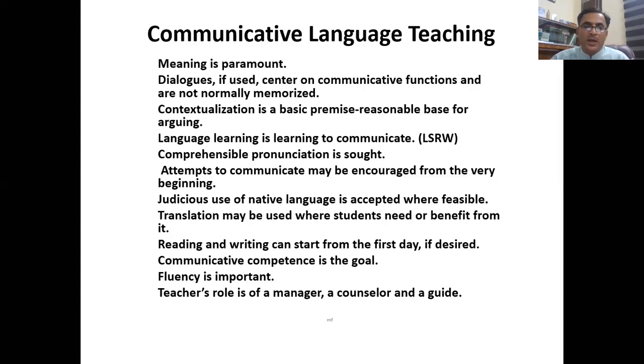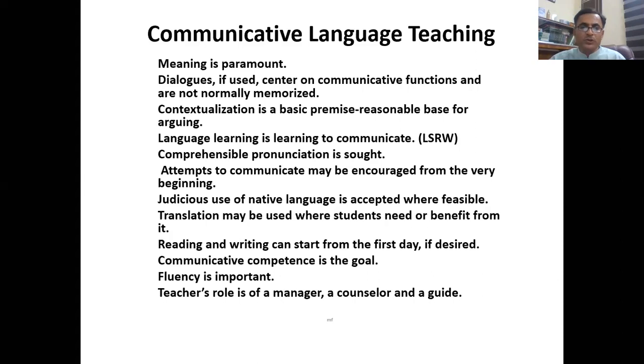Whereas if you see L1 models, SLA philosophy, SLA theory of learning, Krashen's hypothesis, all the others, even Plato's concept of language, the nature versus nurture principle, they also believe that language should begin to flow.